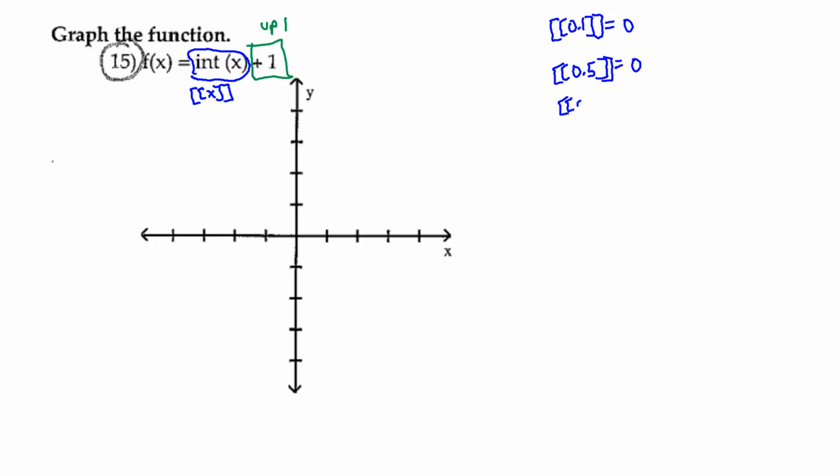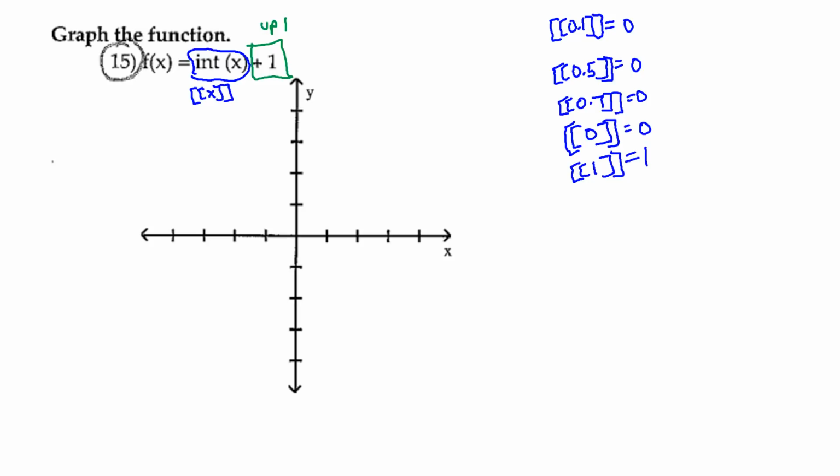Or 0.7, I round down, and that's going to give me 0 also. But if I'm at an integer, like let's say I'm already at 0, and I ask what's the floor of that, it's exactly what it is, it's going to be 0. Or the floor of 1 is going to be 1.